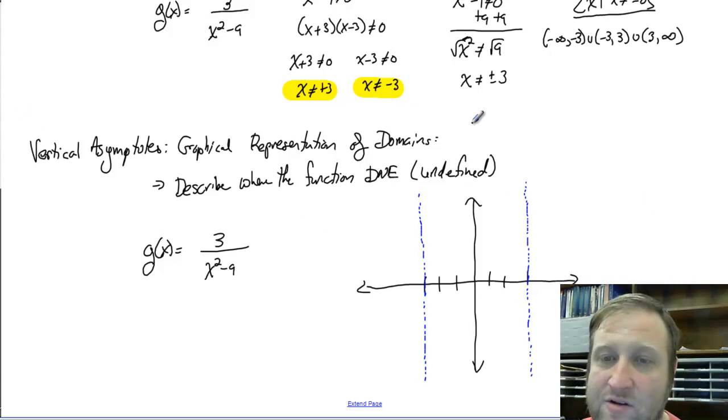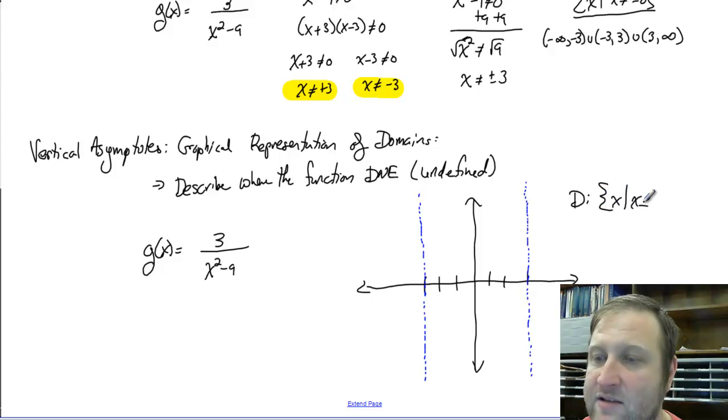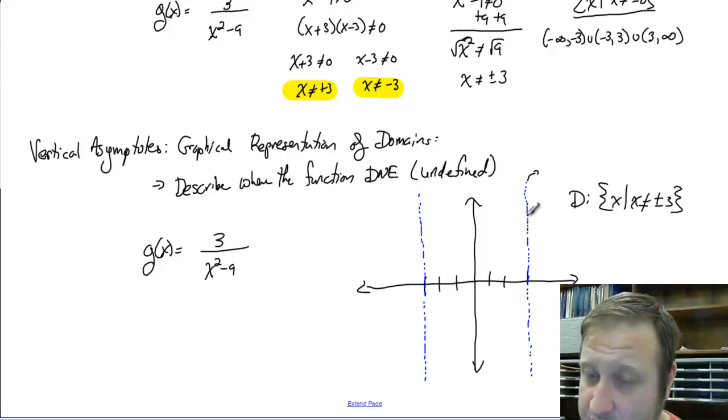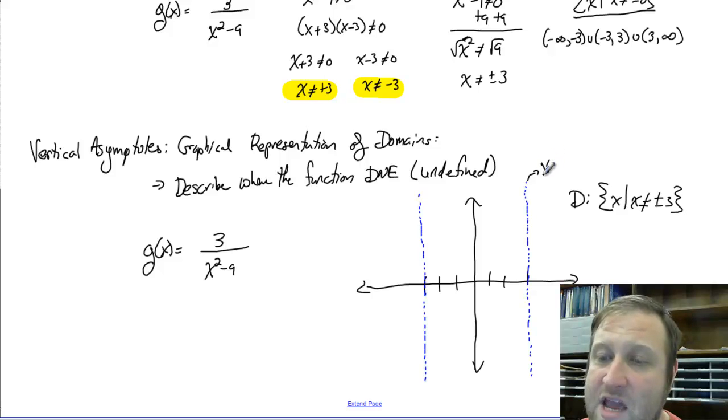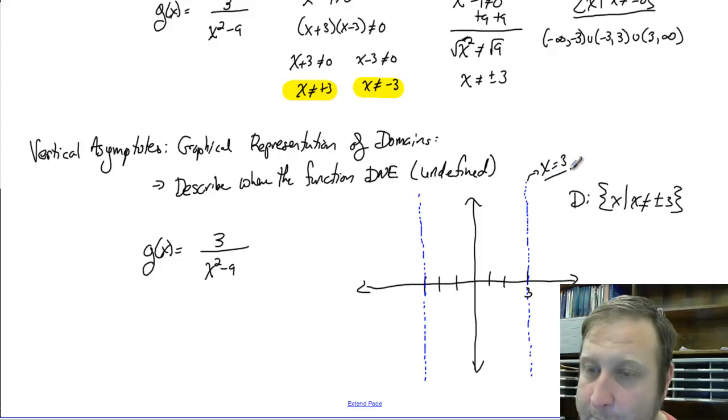The domain of this function, as we said before, is x such that x cannot equal plus or minus 3. So now if I asked you, what is the equation of this vertical dotted blue line? We recognize the vertical asymptote will always be a vertical line, and this is written in the form of x equaling a constant, and we clearly see that constant is equal to 3.